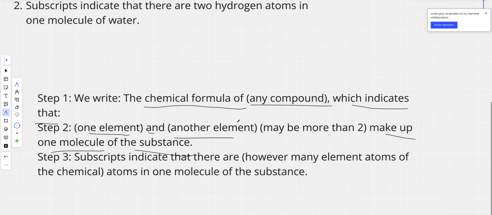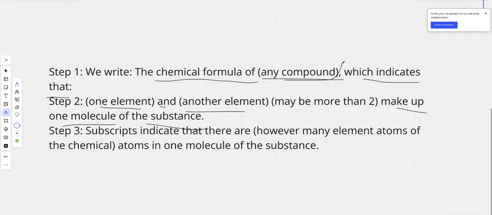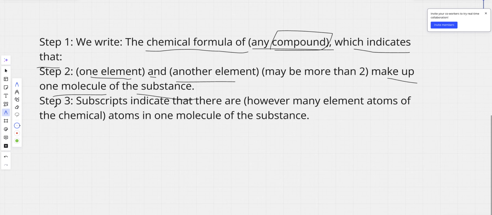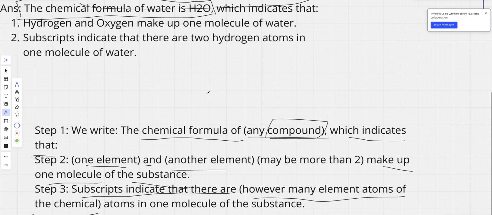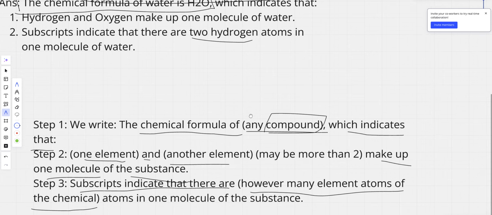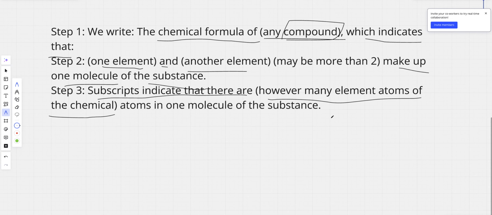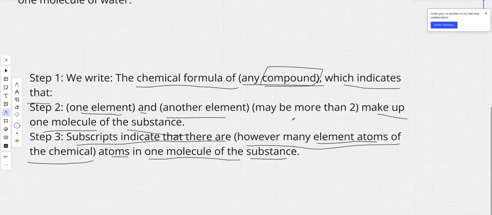Substance is basically the compound. And step 3, we write subscripts indicate that there are however many atoms. So in case of water, 2 hydrogen atoms. In case of any substance, 2 or 3 or 4 or 10, any number of atoms in one molecule of the substance, which is this compound.